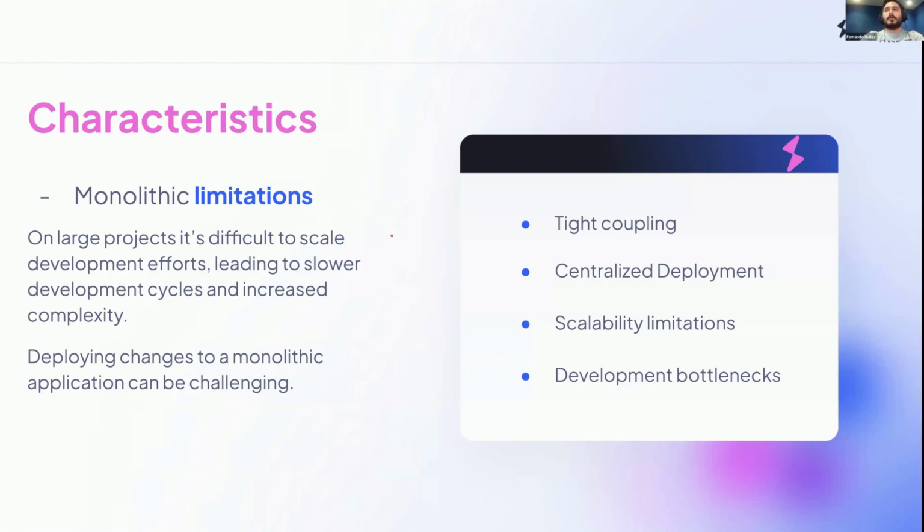In the case of monoliths, usually we could face different problems when we are working, for example, in a large project. Sometimes it's hard to combine the efforts when we are developing a feature, because we could have different teams working on the same set of functionalities.